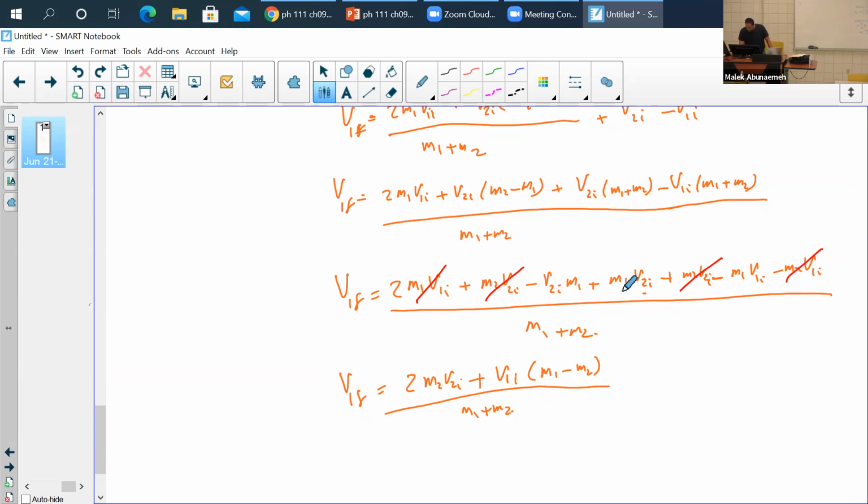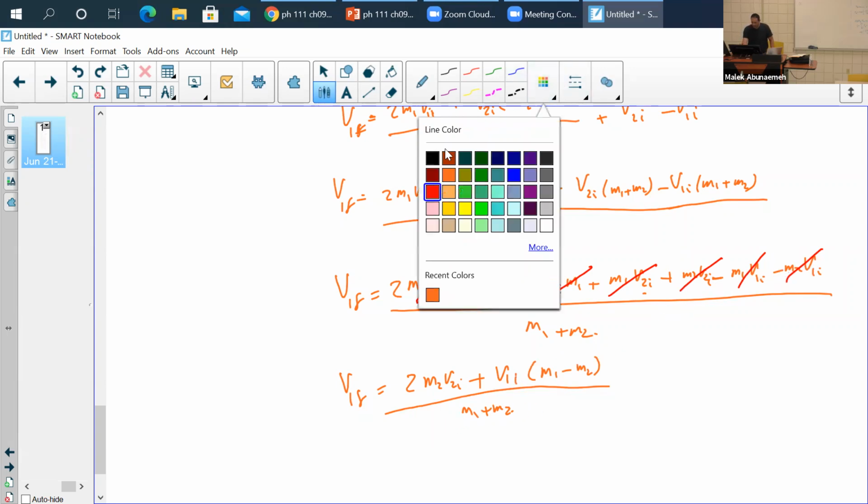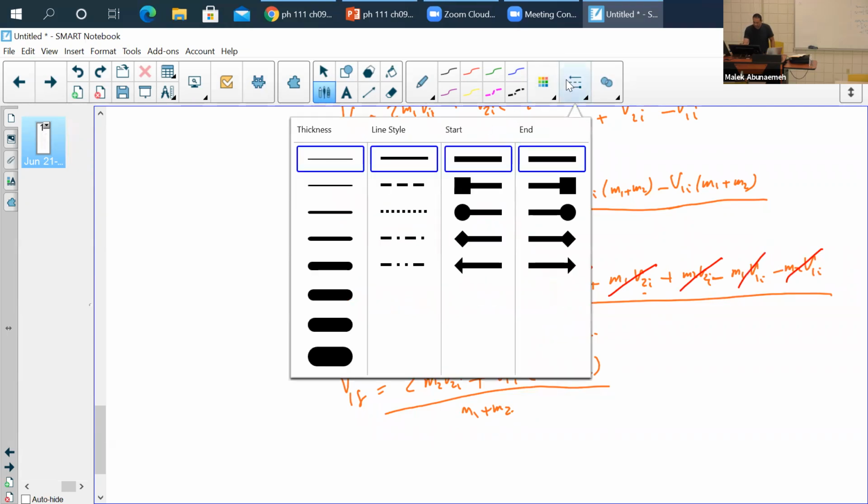And then you got M1 V2I, these two cancel out. So it'd be M1 minus M2 for V1I divided by M1 plus M2.